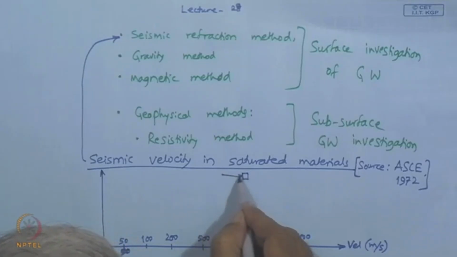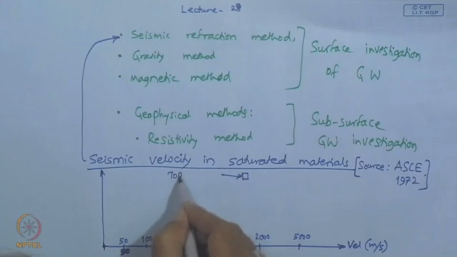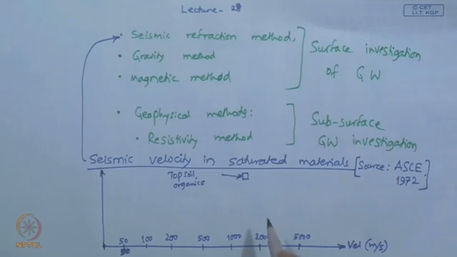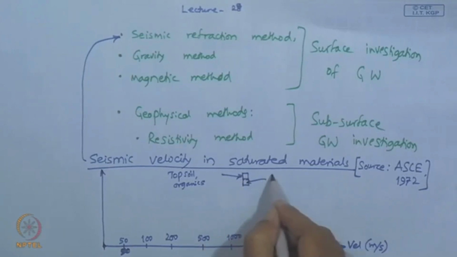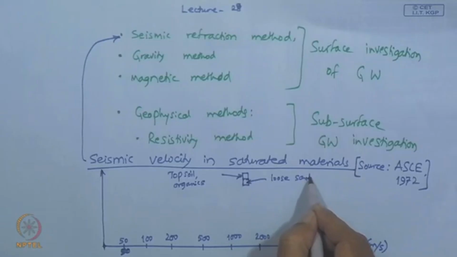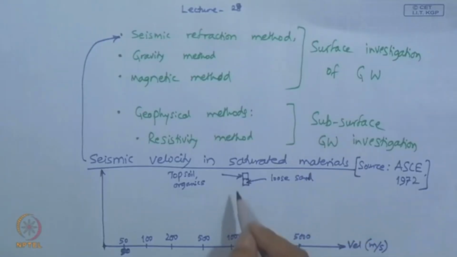This is for topsoil and organic materials, then followed by loose sand, which also has the same range of seismic velocities, greater than 100 and less than 2000.